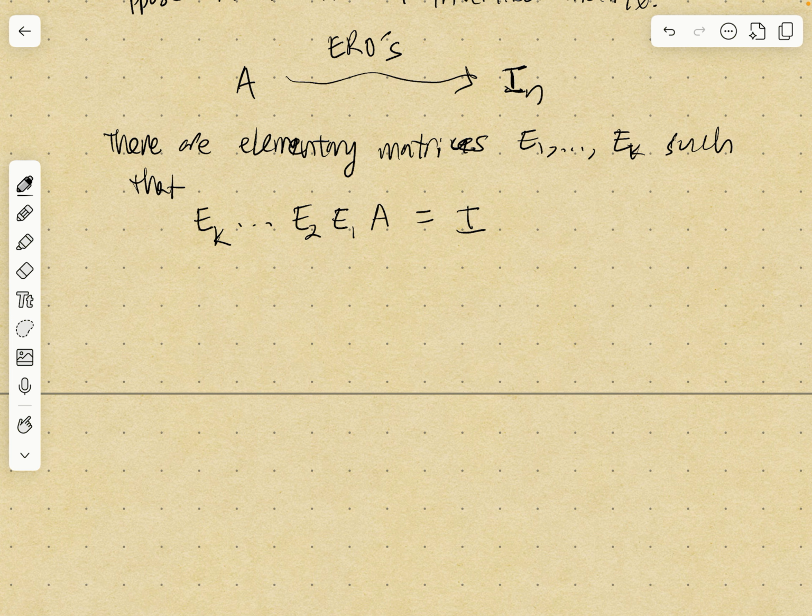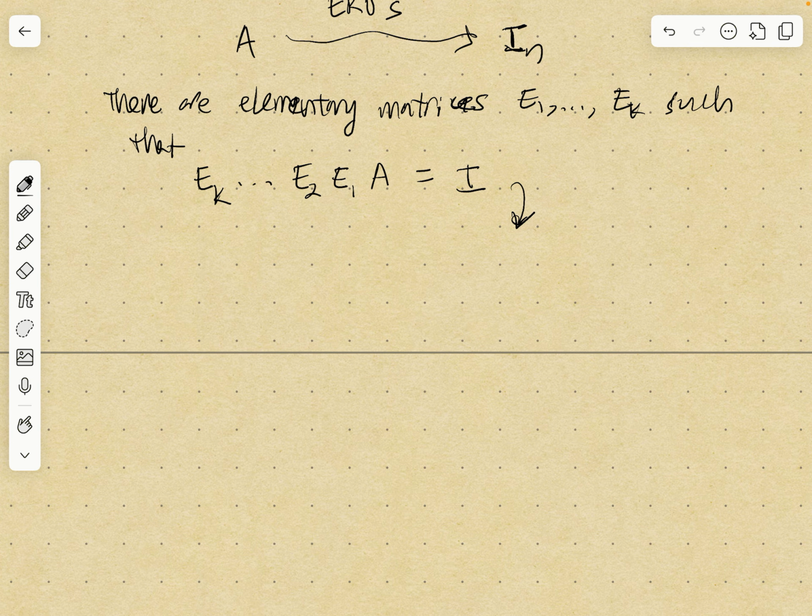And we know that each of these matrices, E1 through EK, is invertible, because we just went over that: every elementary matrix is invertible. So let's try to solve for A. We can multiply by EK inverse. Now, just saying that is not good enough, because when you do matrix multiplication, if you multiply on the left, you're not necessarily going to get what you get if you multiply on the right.